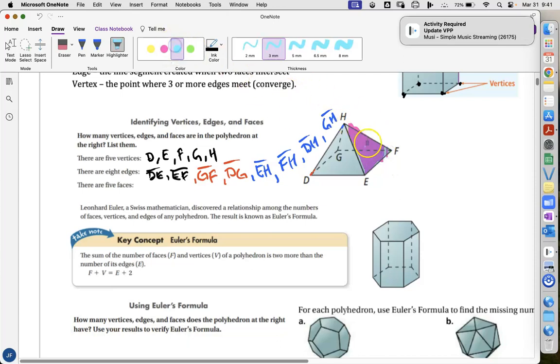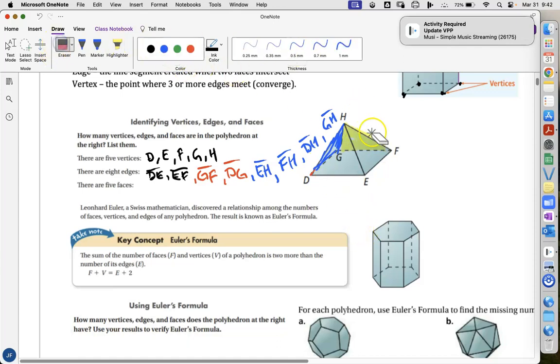We have this face here closest to us in the projection, which would be H to D to E. Then we've got this face here in the back left, which would be HGD. And then the one back here, HGF.